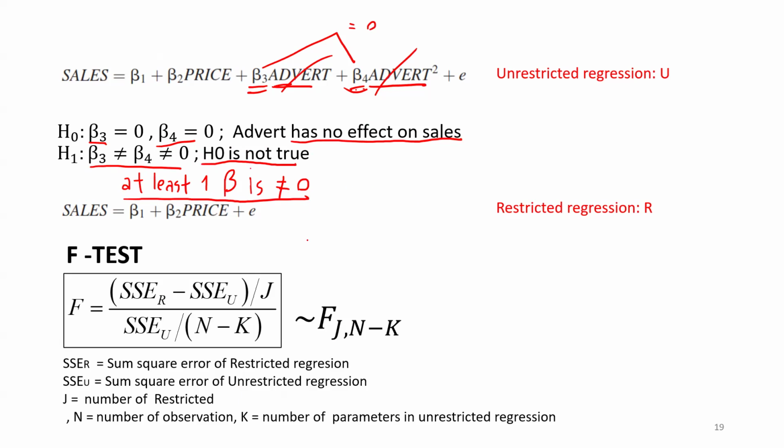Okay, previously we used the t-test, right? The t-test can test only one beta. In this case, we have more than one beta. We have to use a new test called the F-test.